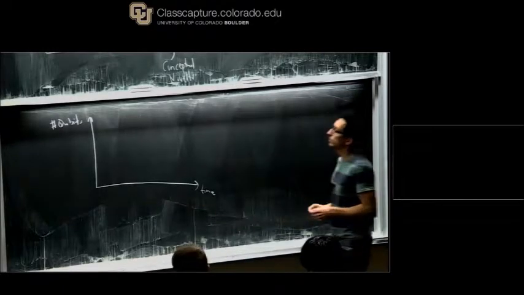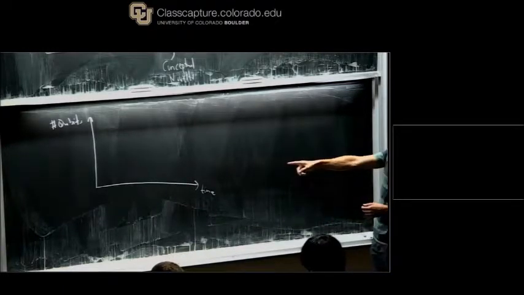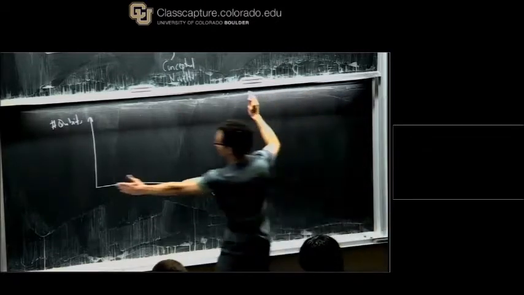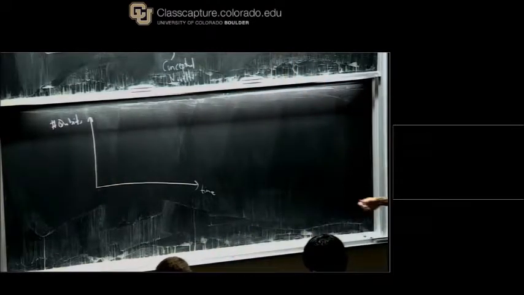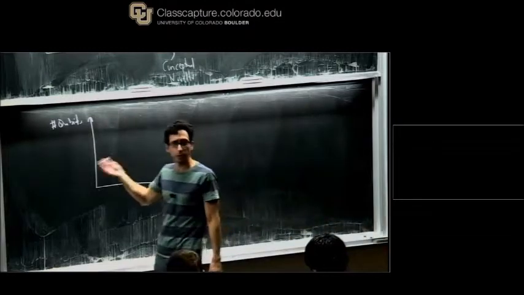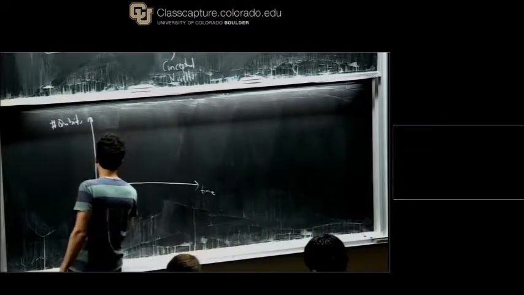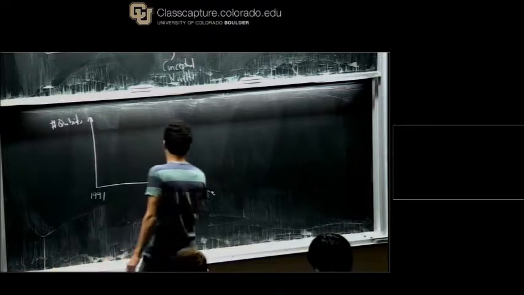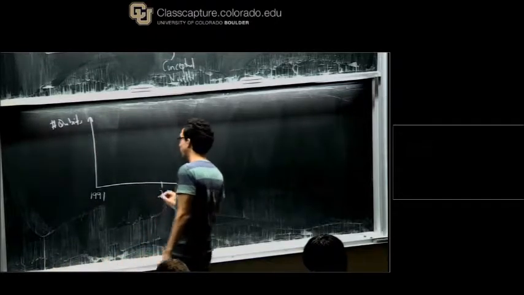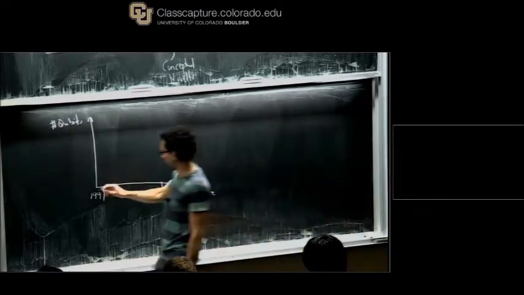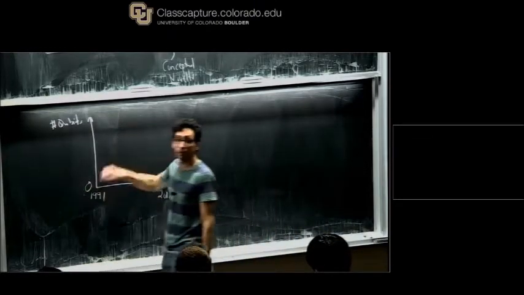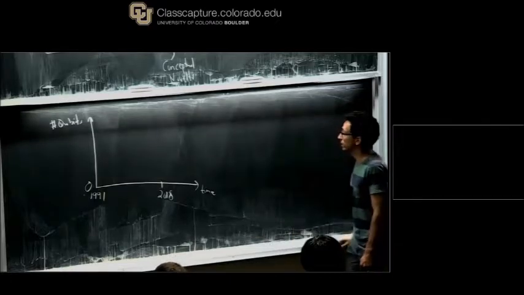I'm going to maybe slightly unfairly start time at 1991 when we had the first possible realization of, or first idea for how you might realize non-abelian anyons. And here's present day. I should make sure to label the 0 on the vertical axis.